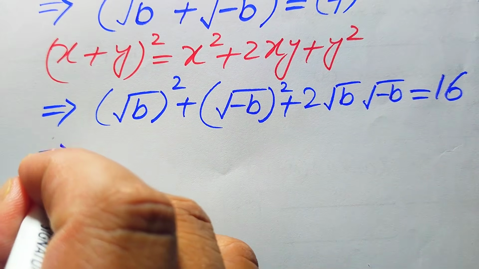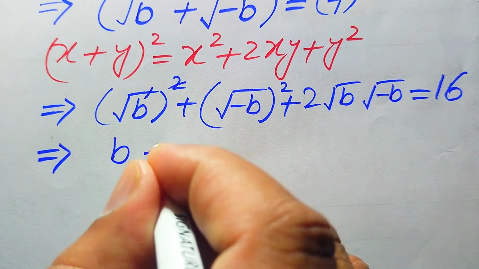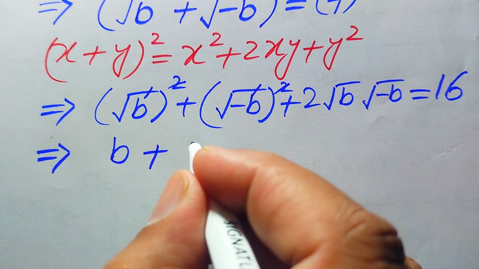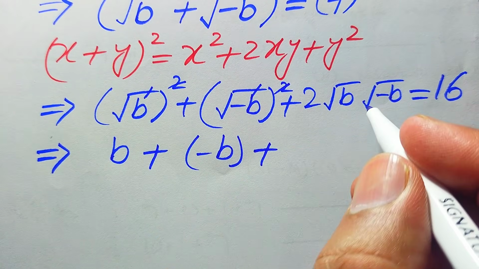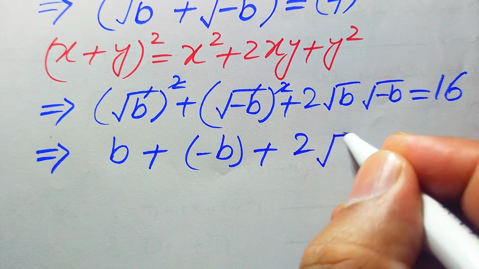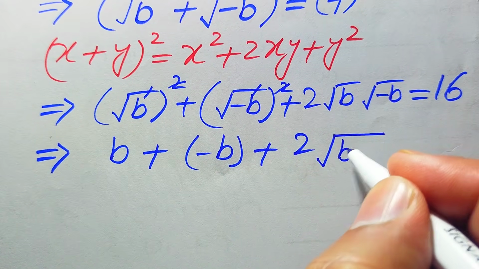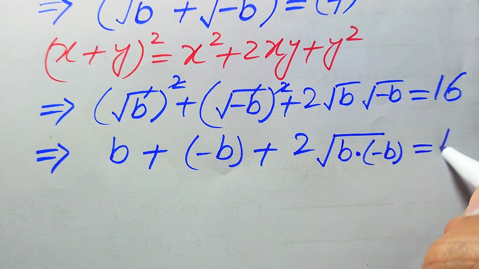In the next step we need more simplification. The square and square root are gone, and we get b, plus minus b, plus we take the square root common on both of these values, and it becomes 2 times √(b × (-b)), equal to 16.